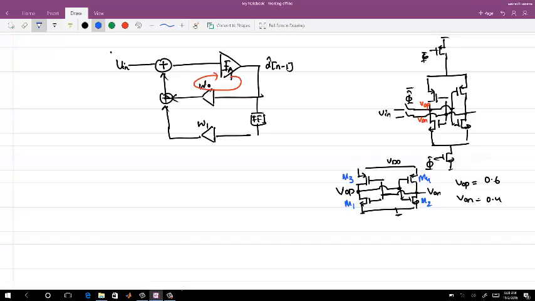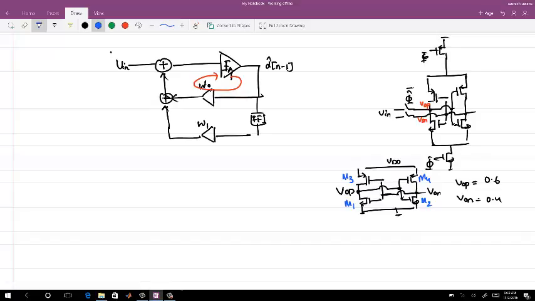More active means it has a larger current capacity. M2, right? So M2 is stronger than M1. Similarly, look at M3 and M4. Which one is stronger? M3 is stronger. So if M3 is stronger than M4, then the VOP node will go higher than VON, right?